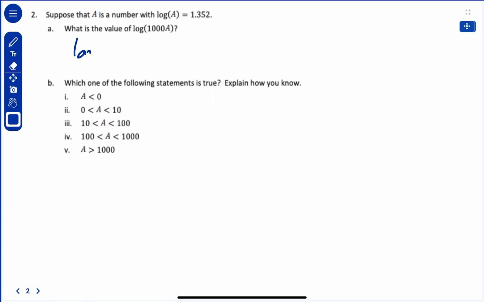Okay. So she said log 10 cubed, right? Times A. So what is A? Do we know?